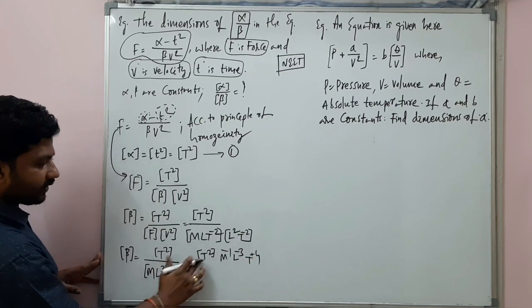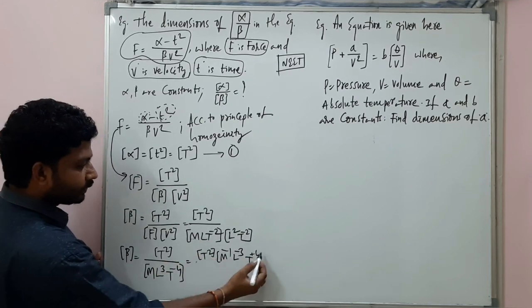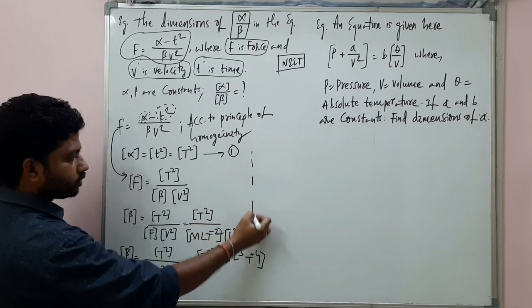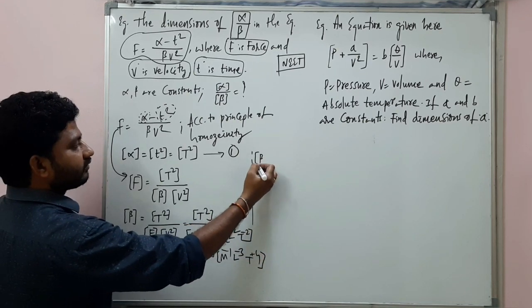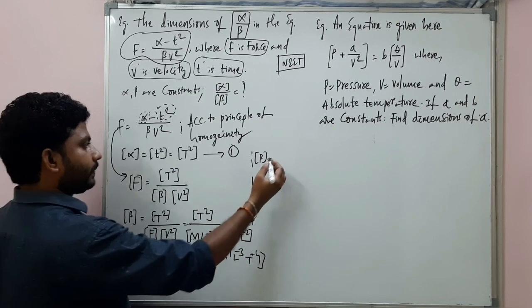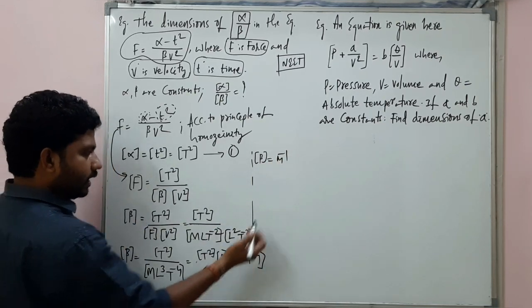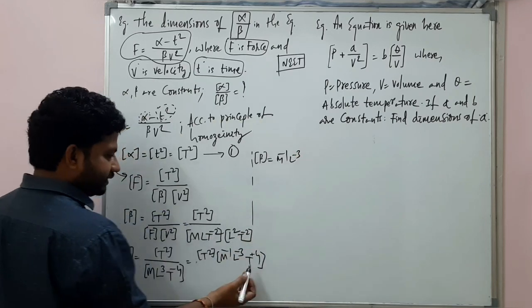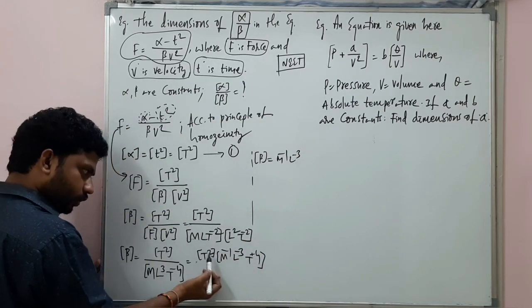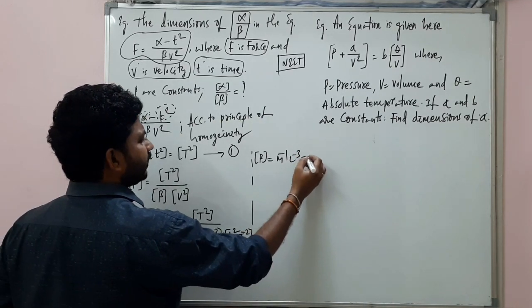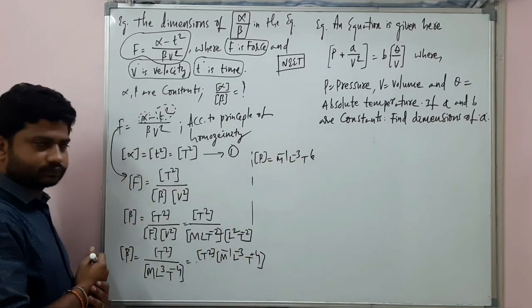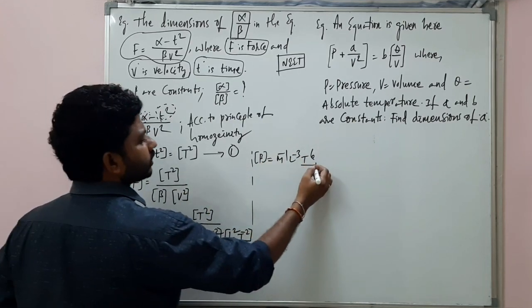Everything I have taken to the numerator now. So the dimensions of beta will be M minus 1, L minus 3, and T plus 4 plus 2, so that will be T to the power 6. So this is equation number 2.